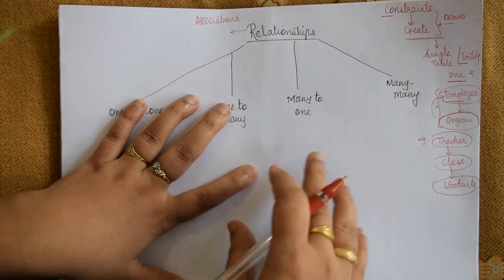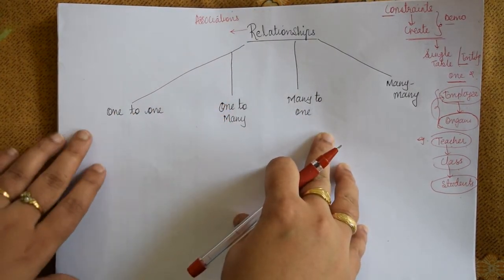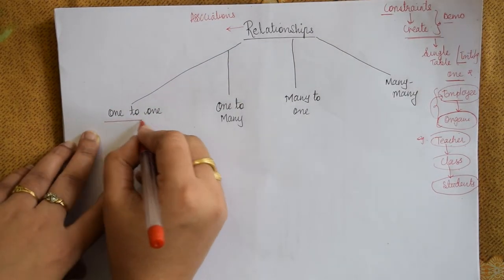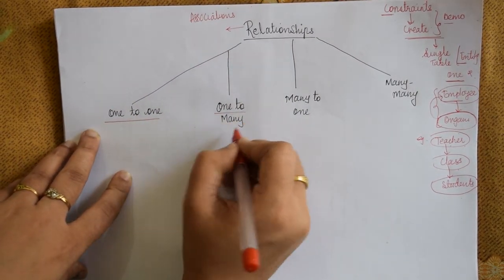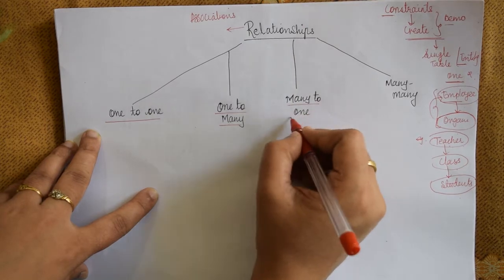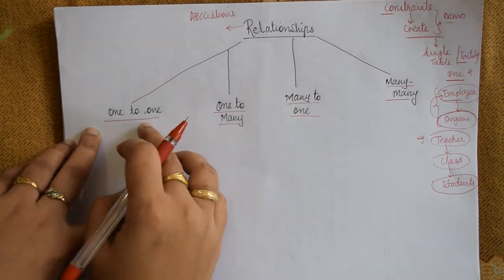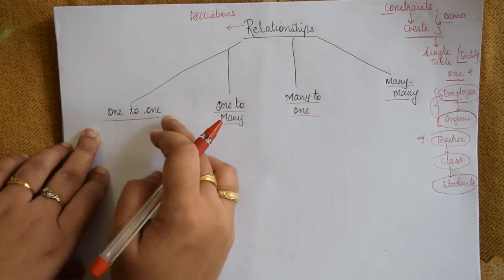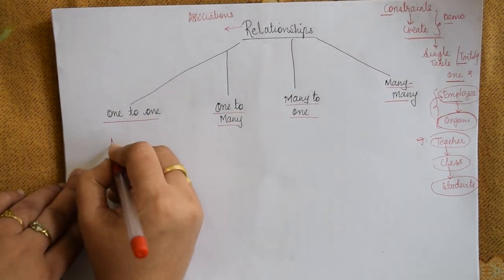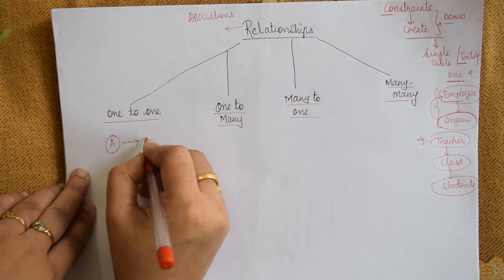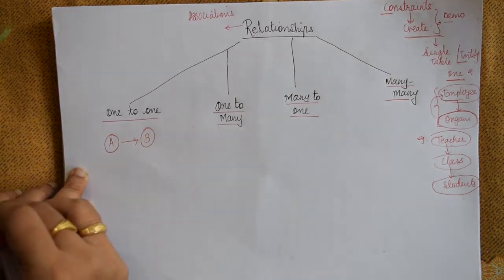Now different relations are there: one to one, one to many, many to one, many to many. Starting with the one to one relation. One to one means one entity belongs to exactly one entity.